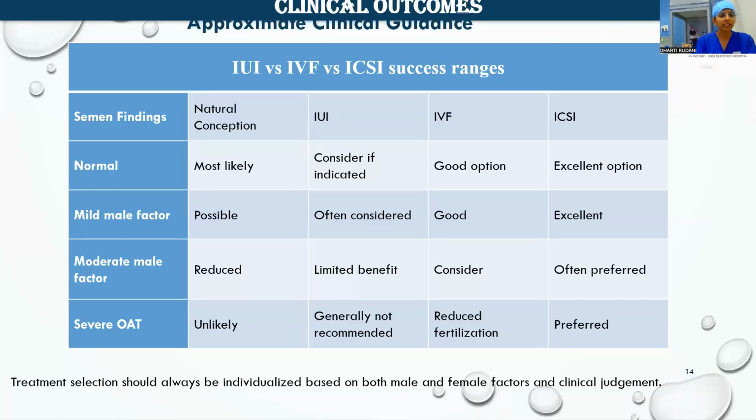This table demonstrates how semen quality influences treatment selection. As sperm parameters decline, the chances of natural conception and IUI decrease, while IVF and particularly ICSI become increasingly appropriate treatment. Treatment should always be based on both male and female factors.